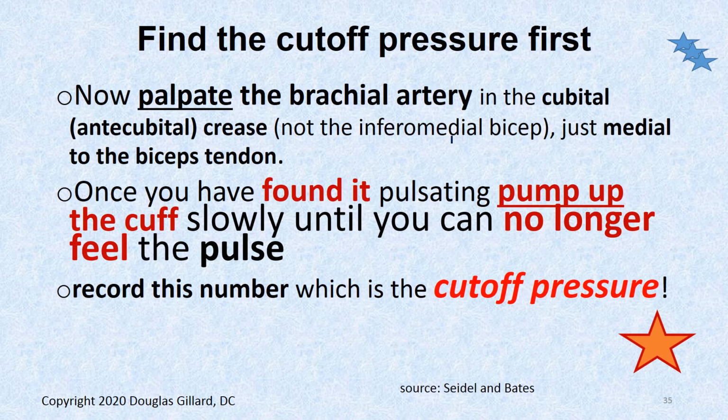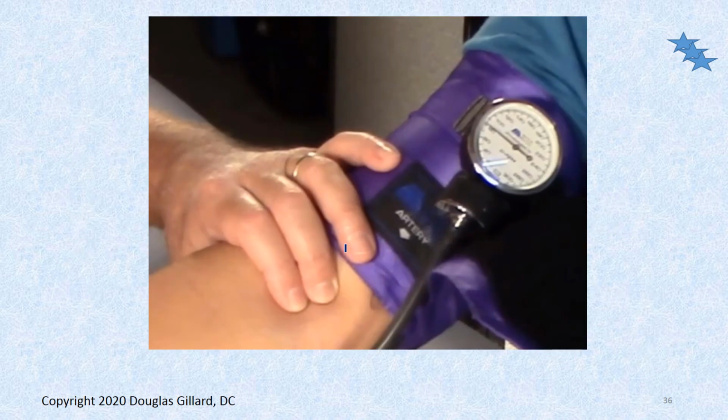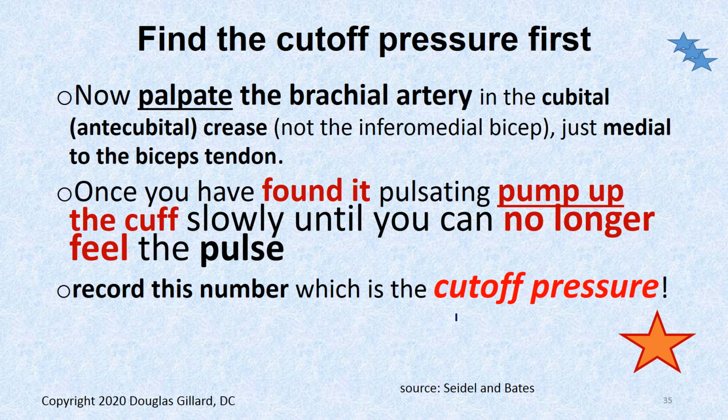And yeah, so palpate the artery. Once you've found it and it's pulsating, start pumping the cuff up. Now when you get to around 100 or 90, you know systole is going to be coming, so don't pump so hard. You want to go up in little tiny increments and keep pumping until you don't feel a pulse anymore. That's the cutoff pressure.